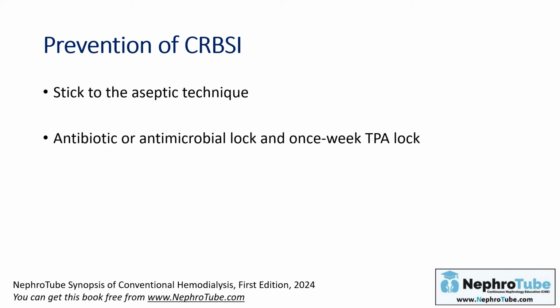Also, as we mentioned in the previous lecture, there may be a role for antimicrobial lock or once weekly tPA lock in patients with high risk of CRBSI and in facilities with high rates of CRBSI. And finally, the KDOQI vascular access guideline in its 2019 update considered that it may be reasonable to use an antimicrobial barrier cap to reduce CRBSI according to clinical judgment and the availability in your unit.